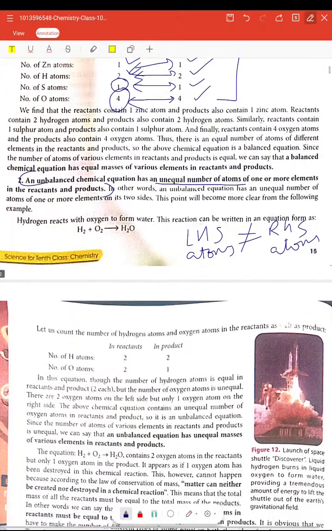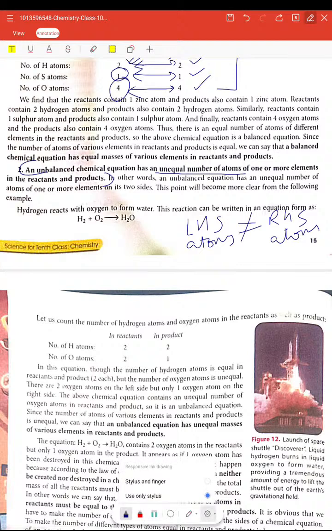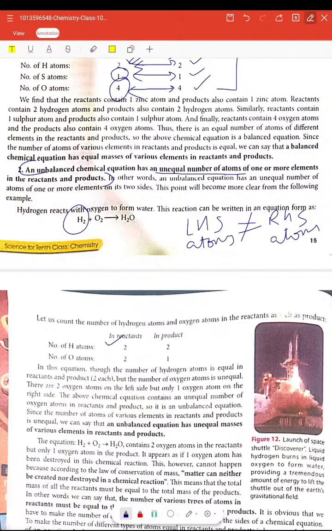We will further discuss this on the basis of an example. How many atoms of hydrogen on the left hand side? That is 2. How many atoms of oxygen on the left hand side? That is 2. How many atoms of hydrogen on the right hand side? That is 2. How many atoms of oxygen?